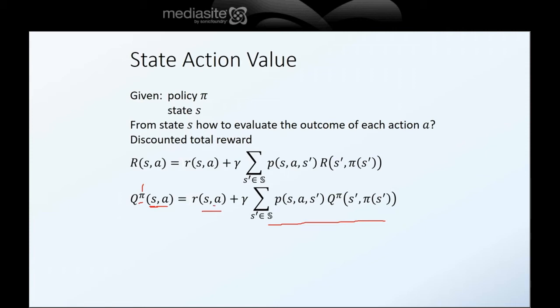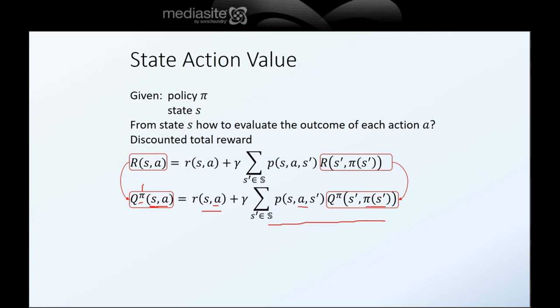And for each possible action A, the transition probabilities will also change. So that R(S, A) is the same thing as the Q value of S, A under policy pi. And subsequently, our S prime, pi(S prime) is Q pi(S prime, pi(S prime)).